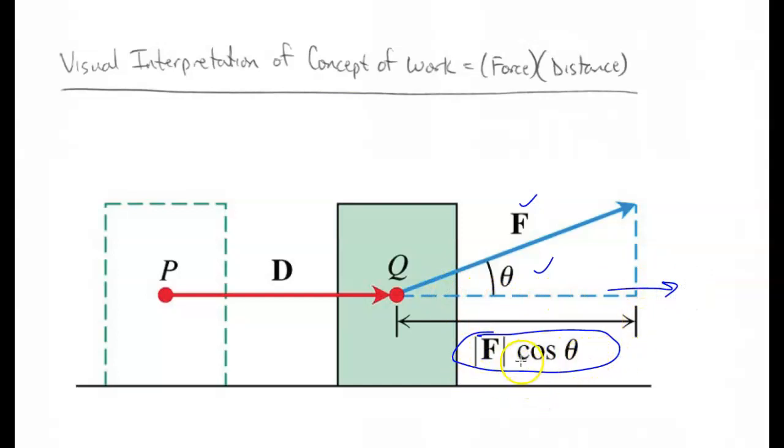This cosine of theta is an indirect way of telling you the percentage of the magnitude of this force that is actually applied in the positive x direction. As far as the distance is concerned, remember that a vector is defined as a directed line segment with an initial point and a terminal point. So we could look at distance in a certain direction as a vector.